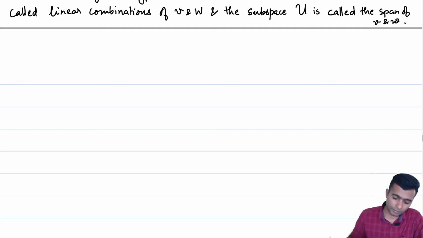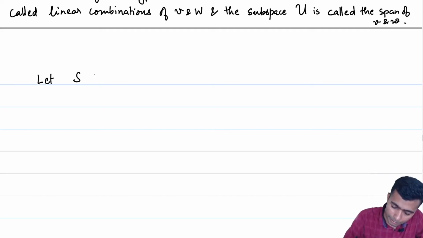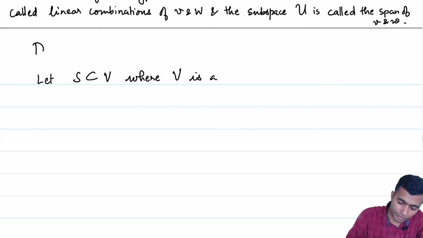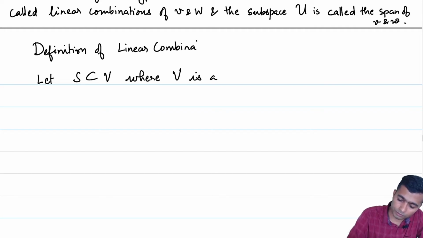So let S be a subset of V where V is a vector space. So I am giving the definition of a linear combination and span.